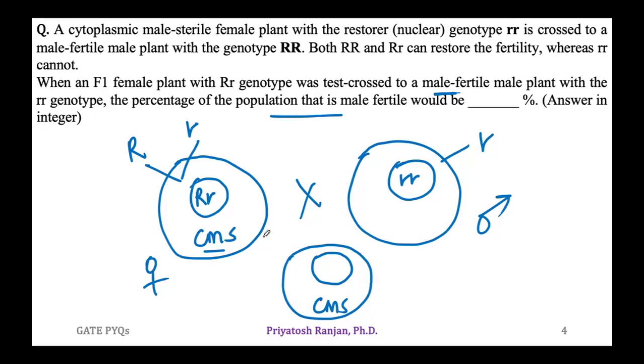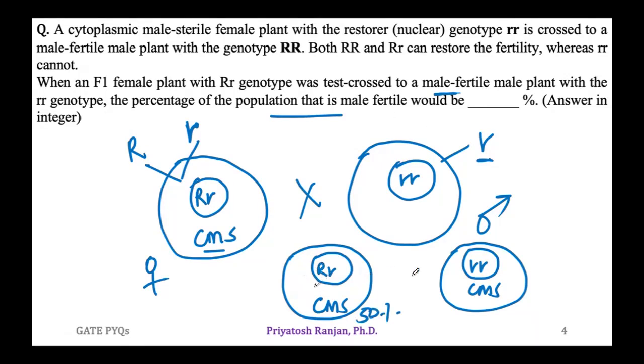So half of the progeny are going to carry capital R small r, and half of the progeny are going to carry small r small r. As I said, they can give either capital R, which can combine with the small r, or in the other case, the small r can combine with the small r.